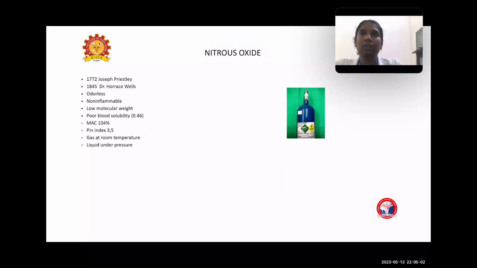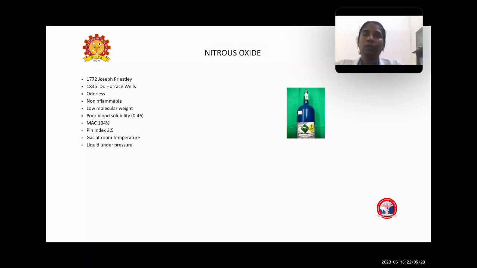It has a low molecular weight and very poor blood solubility of 0.46. The minimum alveolar concentration is 104%. Nitrous oxide is used in a cylinder with the pin index of 3,5 and the color code of blue.